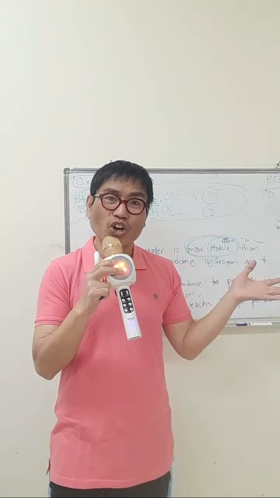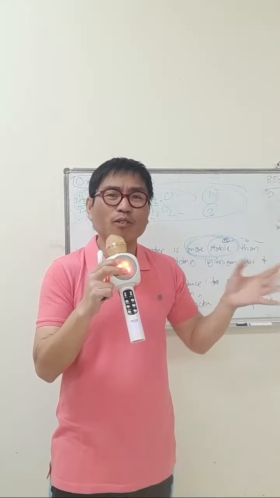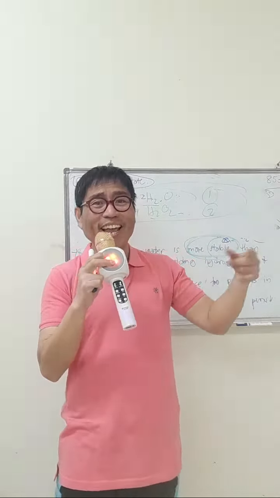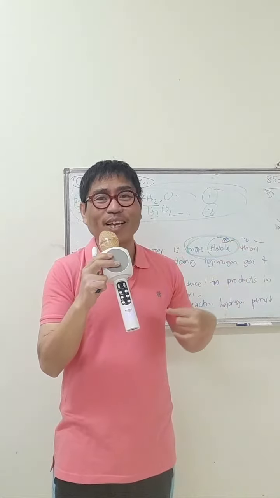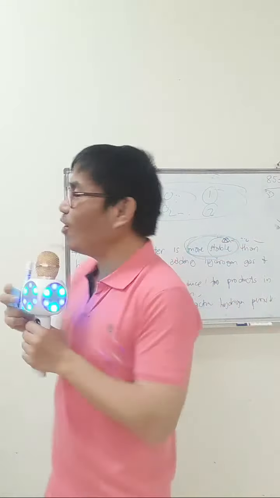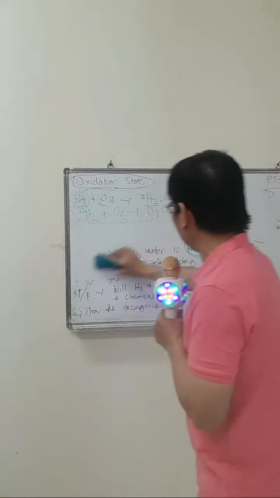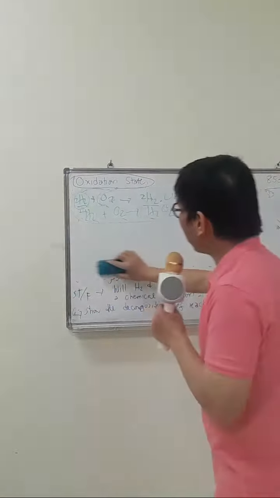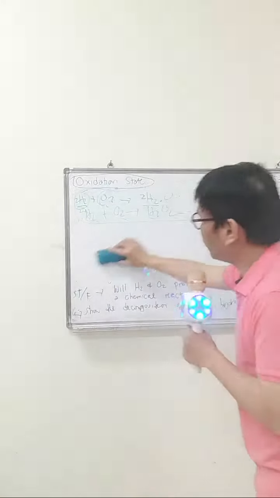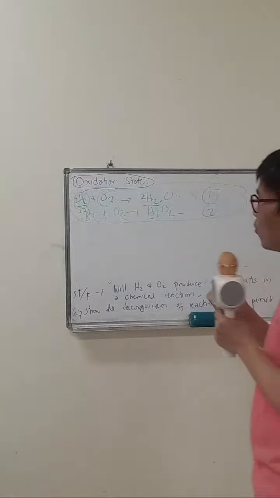So that's the measure of spontaneity and reversibility of a chemical reaction without doing anything. Now, in the case of water, I will teach you. Will it go back to its reactant or not?